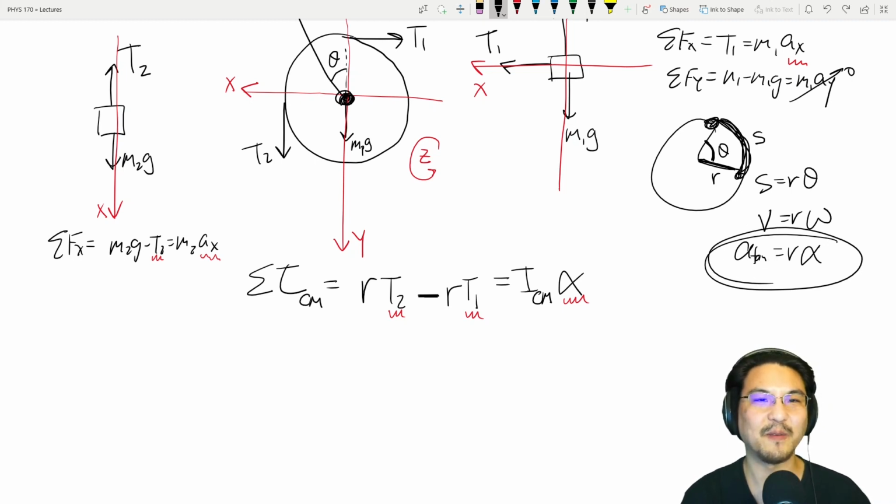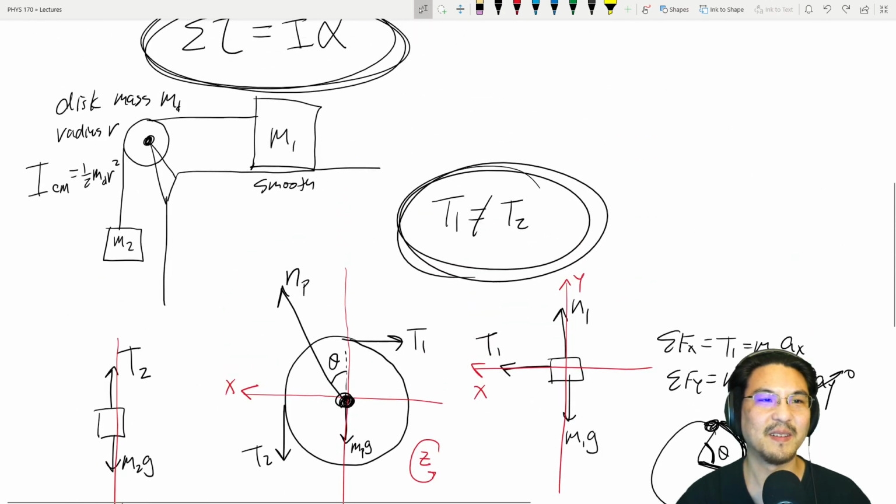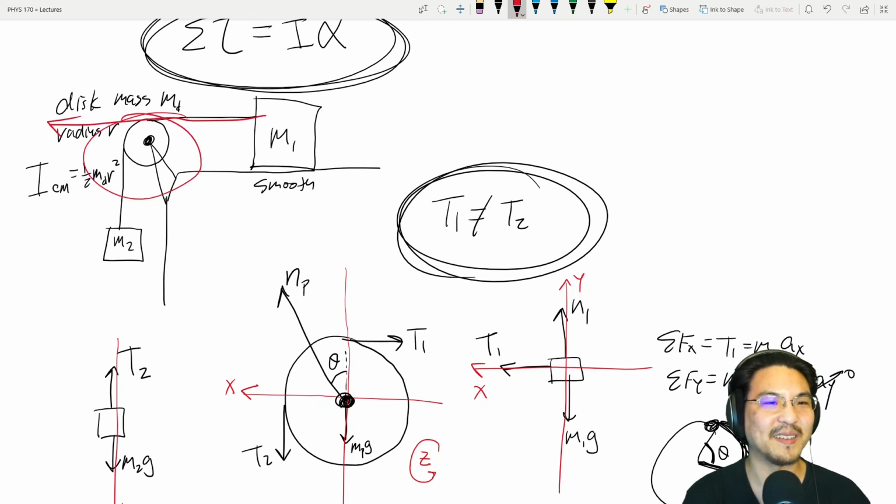So now, if you take a look at this block, it's accelerating this way, right? And now look at the pulley. That is tangent to the path. Look at this block. It's accelerating this way. And look, that is also tangent to the path.